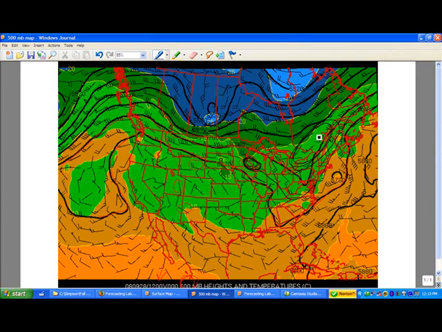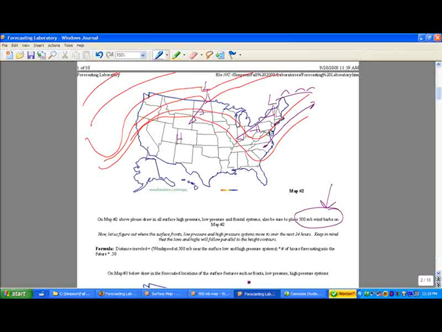The average wind at 500 millibars is about 35 miles per hour. Now these are the winds at 500 millibars. So let me go back to that. And winds along here, the average wind speed is about 35, so I'm going to put in 35 here.